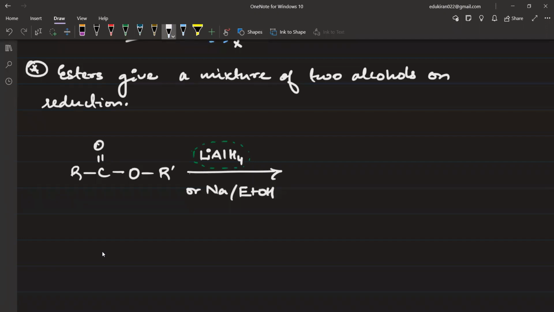Now what happens here? Please see. This C single bond O breaks. This carbon atom gets one hydrogen here, and this also gets one hydrogen here. Let me write the product from this fragment in blue. I will write the product from this fragment in green. So from the blue one, you are going to get R CH2OH, plus from the green area, we are going to get R dash OH.